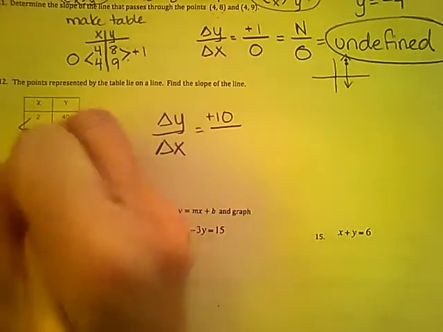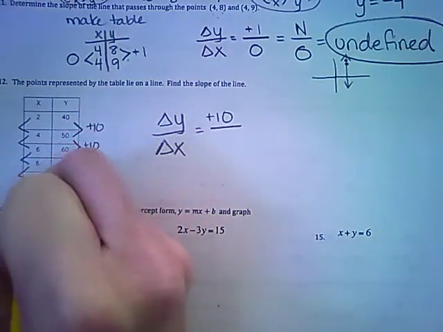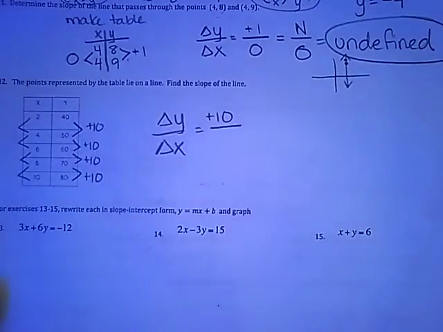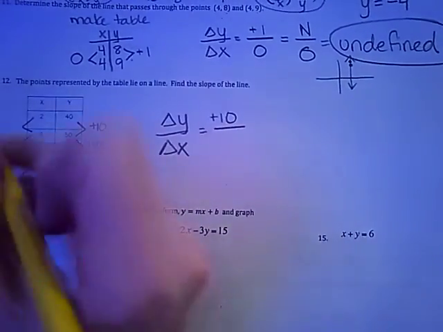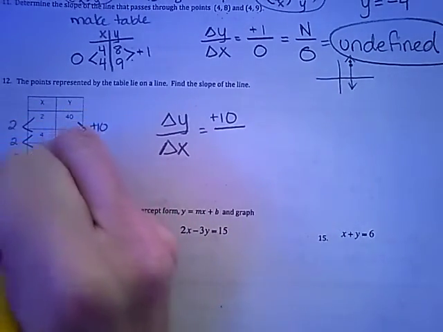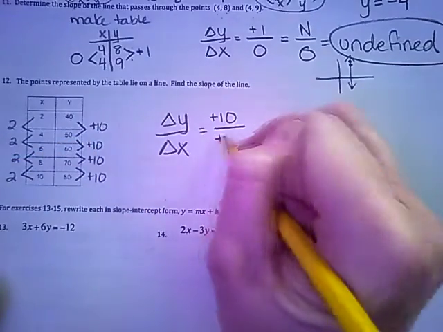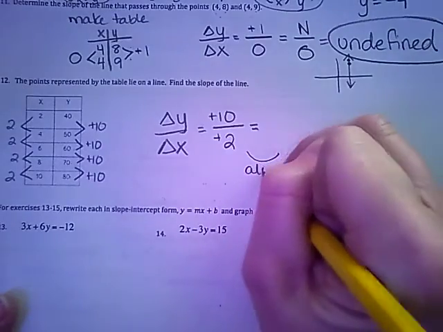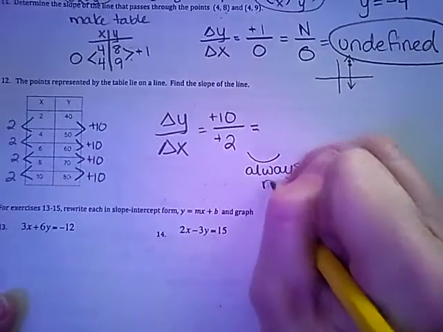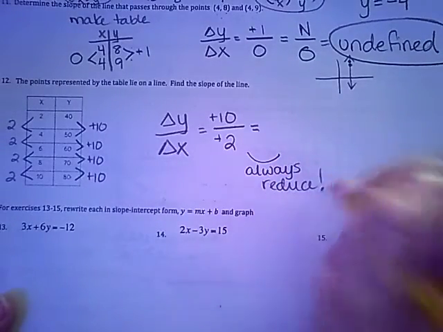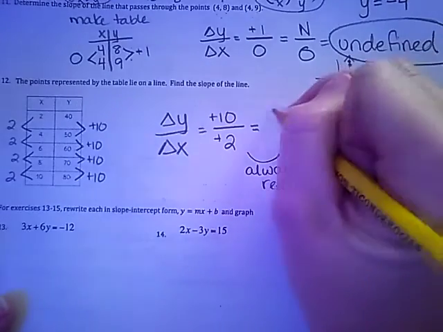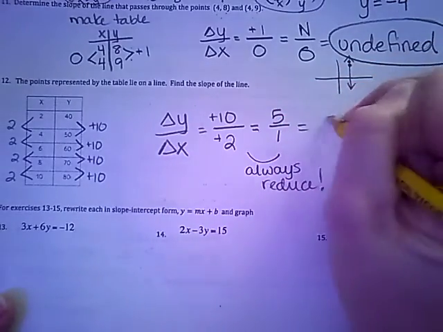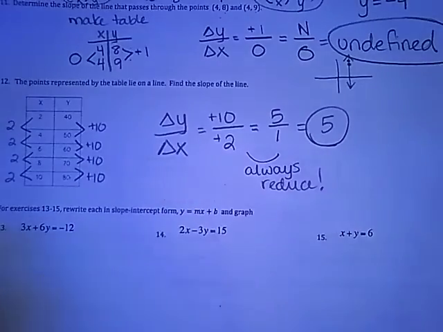My change in x, 2 to 4, 4 to 6, 6 to 8, 8 to 10. What's that pattern? Up 2, up 2, up 2, up 2. And we always reduce. Ten over 2 reduces to 5 over 1, or just 5. The slope is 5.